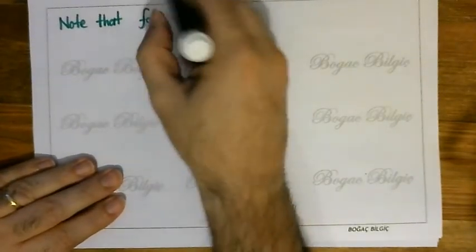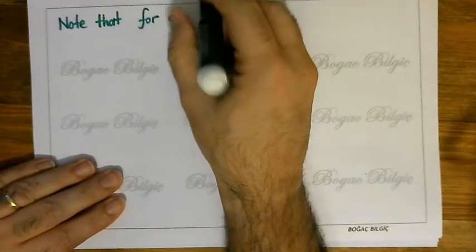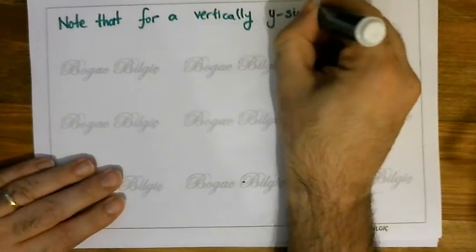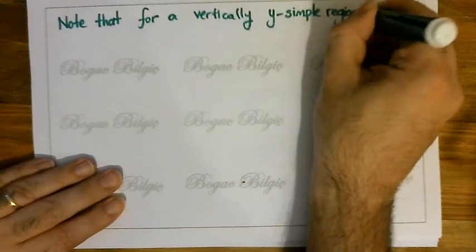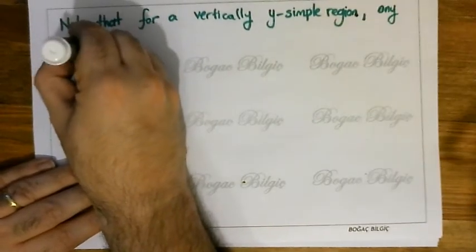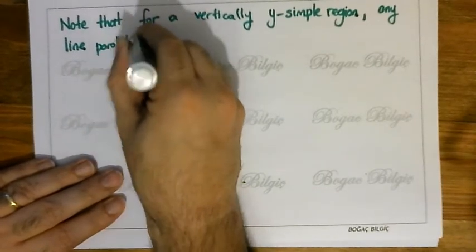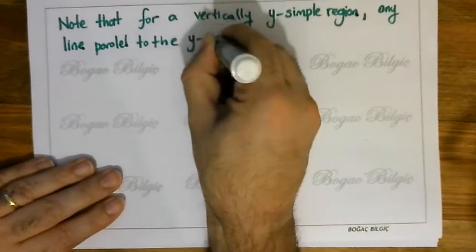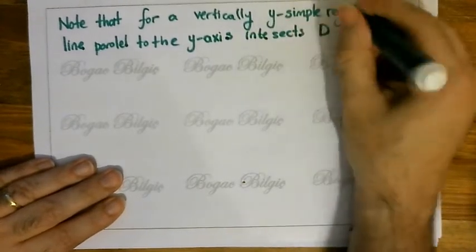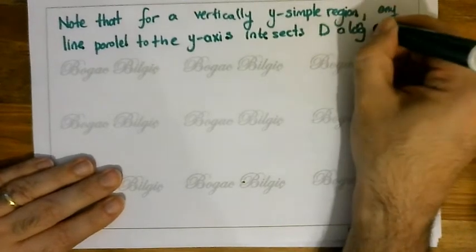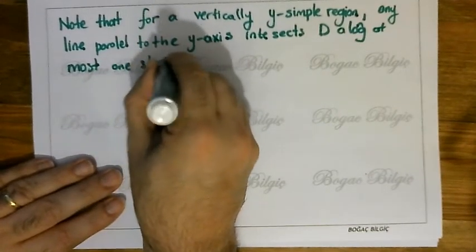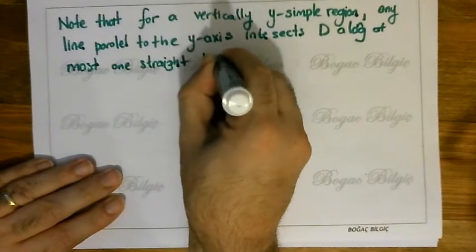For a vertically simple region, any line parallel to the y-axis intersects D along at most one straight line segment.